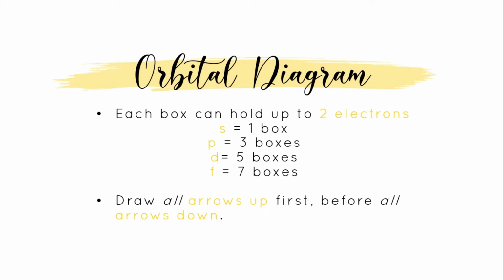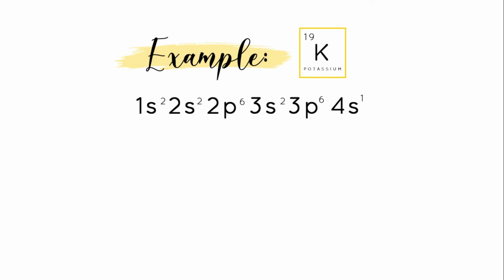Next, we need to draw all arrows up first before all arrows down. So how do we do this? So here is our example. We have here again our element potassium. So we need to draw the orbital diagram of potassium. So starting off with 1s2. So here we're dealing with the S subshell.